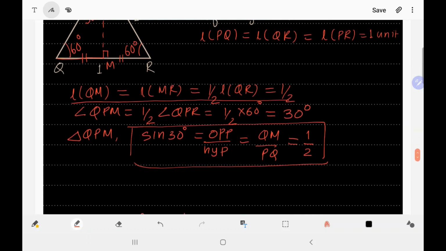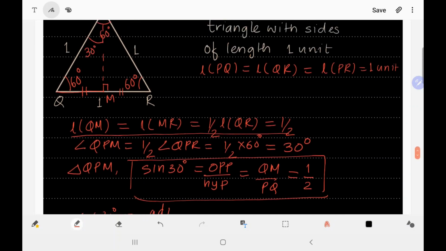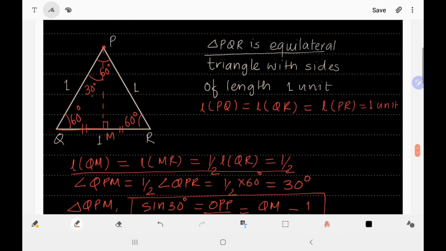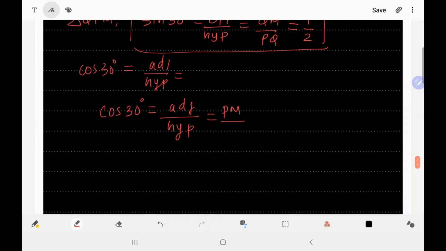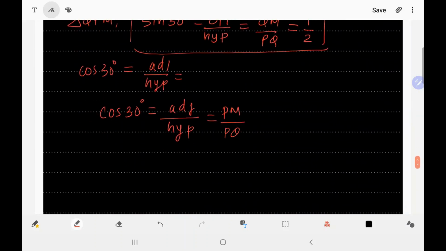In order to define cos 30, which is adjacent side upon hypotenuse, the adjacent side for this 30 degree angle is PM and the hypotenuse is PQ. So this becomes PM upon PQ.